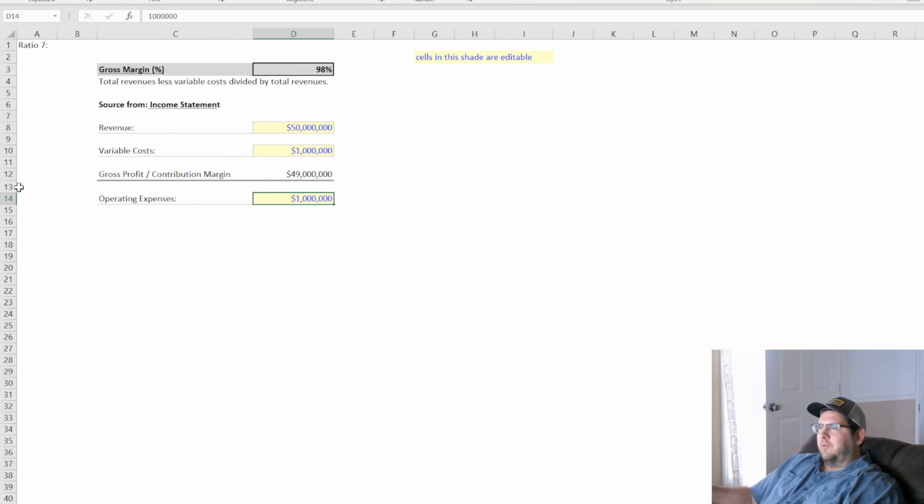Let's say the operating expenses here are 25 million. Every company is different. So we take gross profit divided by expenses, and that's going to be a numbered ratio. Oh, we need 1.